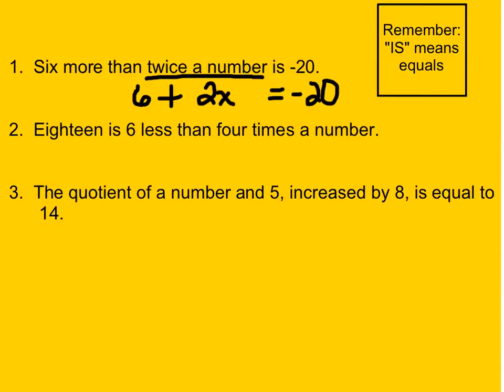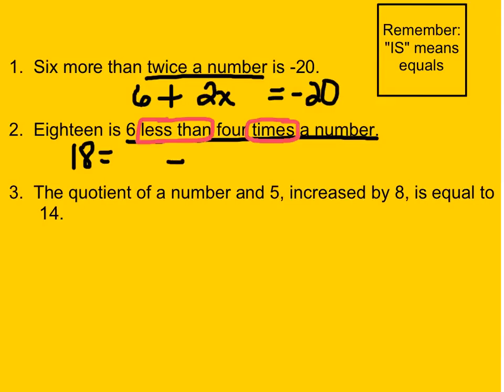Number 2, 18 is 6 less than 4 times a number. So going straight across, if we read this, it says 18 is, now 6 less than 4 times a number. We have two operations in this one. We have times, and then we also have the words "less than." If you remember, less than does mean subtraction.